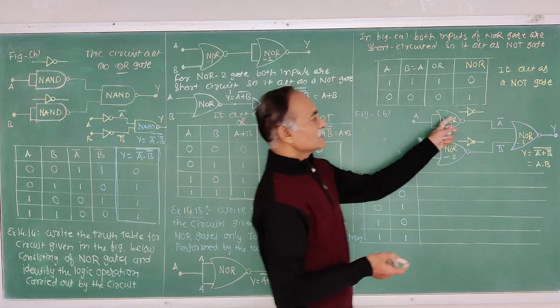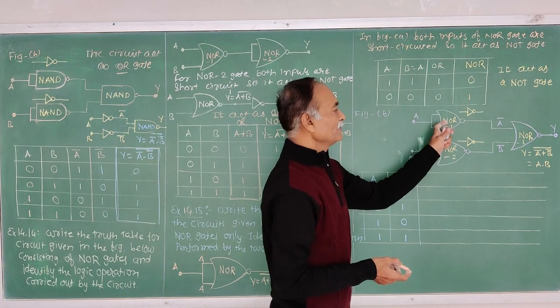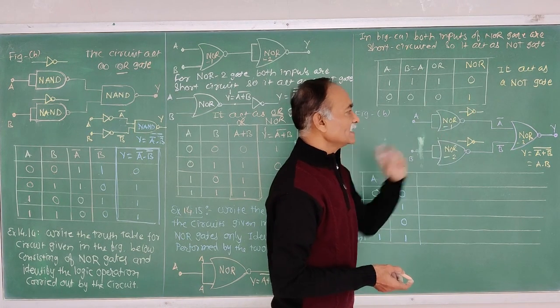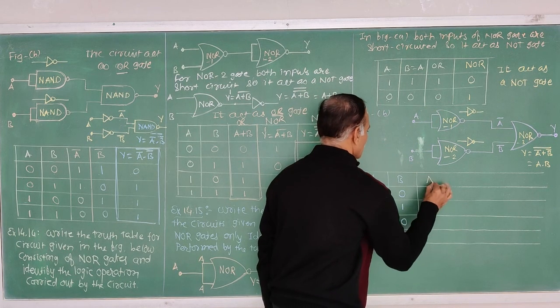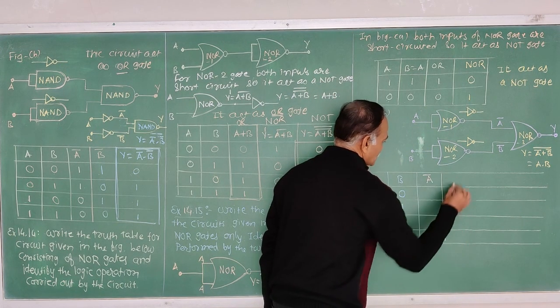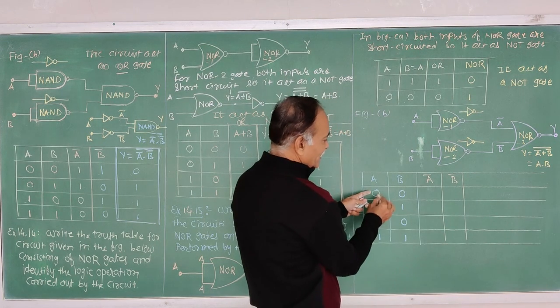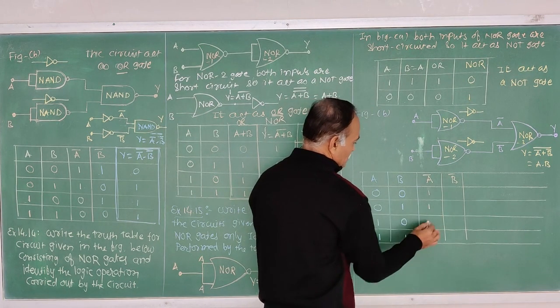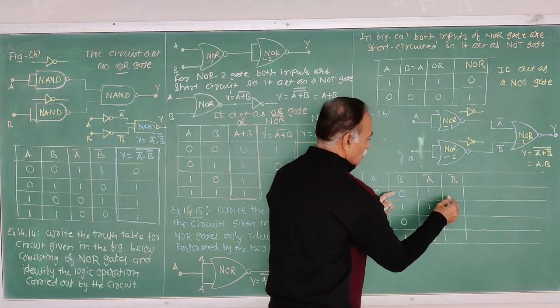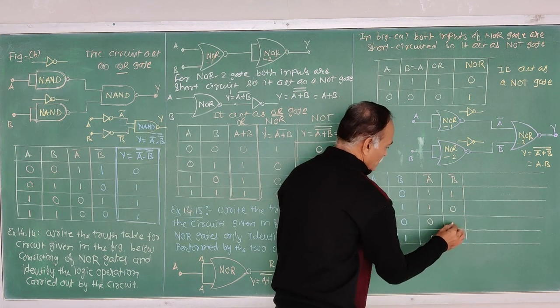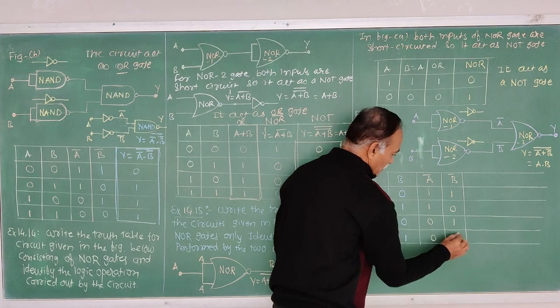Now, the first NOR gate has both inputs short-circuited, so it acts as a NOT gate, therefore its output is A bar. And the second also gives B bar. So the inverted A is 1, 1, 0, 0. B also inverted is 1, 0, 1, 0.